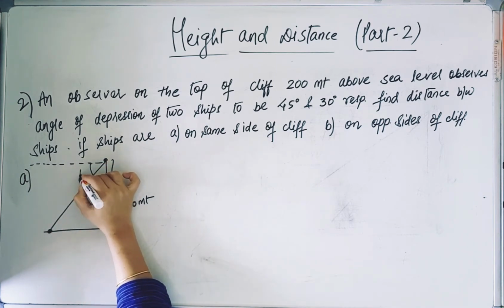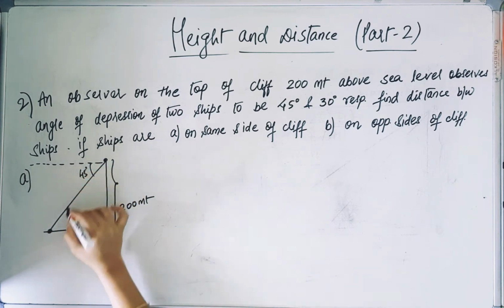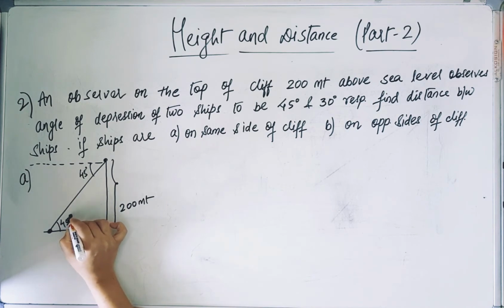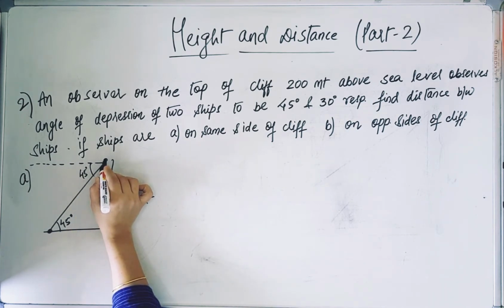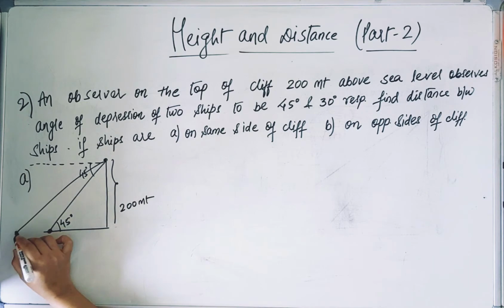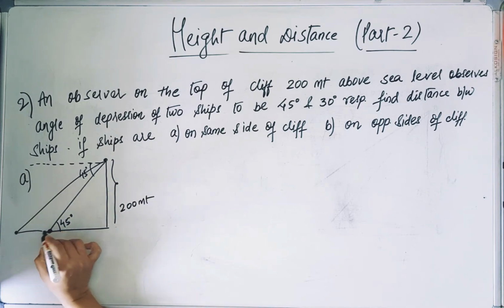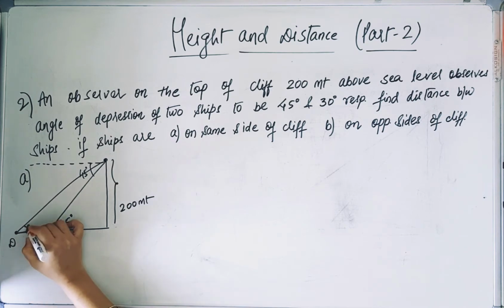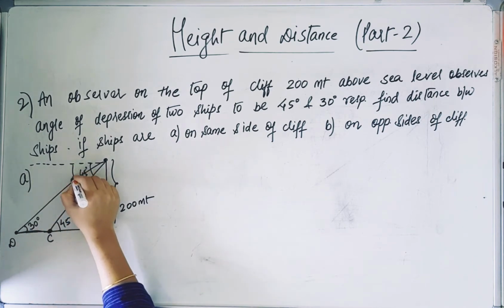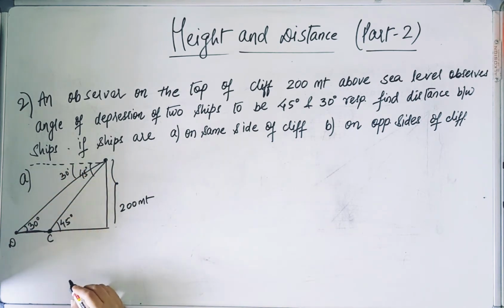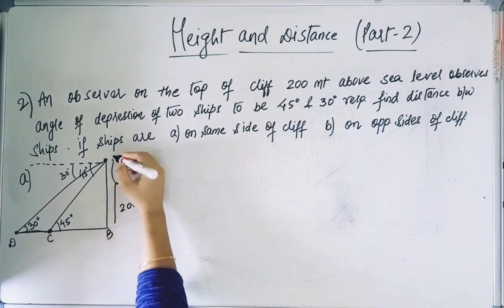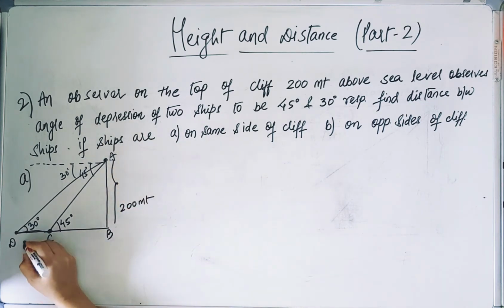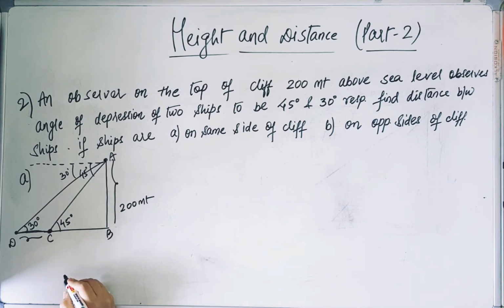Horizontal से इसका distance is 45 degree, I mean angle will be 45 degree, so this angle is also 45 degree. Now similarly there is another ship which is at point D, so this angle of depression is 30 degree. Now we have to calculate distance between ship, that means we have to calculate DC.